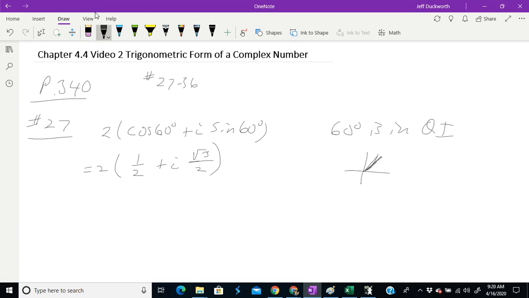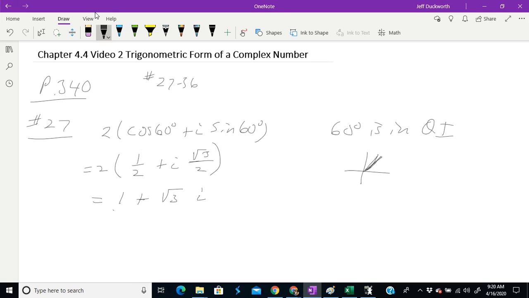And we've had the i in front of it there. Typically, the i would go after it in our form, and we can take care of that in just a moment. All we have to do is distribute the 2 now. So this equals 1 plus root 3, and now I'll put the i where it belongs. And this is standard form, a plus bi.